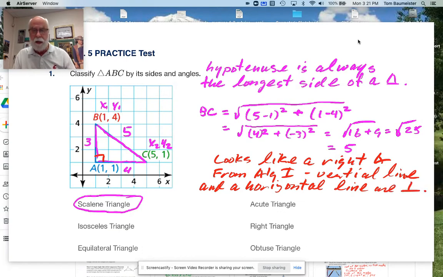So if they're perpendicular, we know that they meet at a right angle, which they do right there. Because again, this one here is your vertical line, and this here is your horizontal line. So we know it also has to be a right triangle. Remember, there's 2 answers on that, ladies and gentlemen.